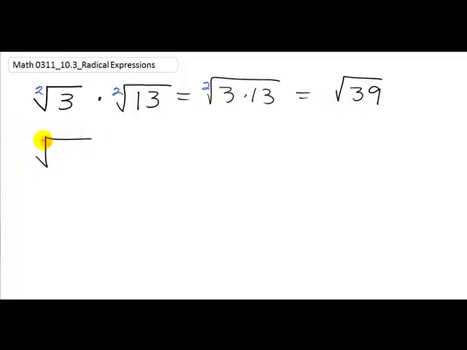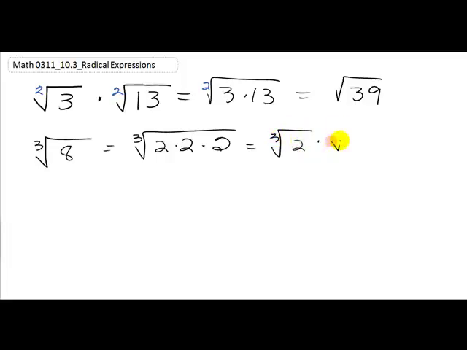If I had, let's say, the cube root of 8, I could split it apart and say 2 times 2 times 2, or we could even write it as the cube root of 2 and do this 3 times. So all of these are equal.